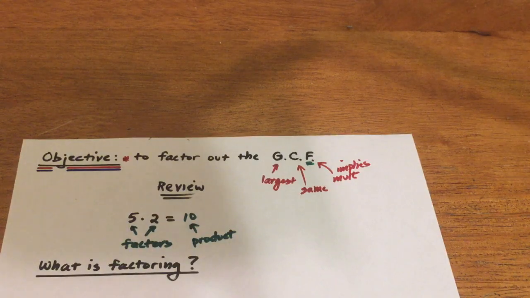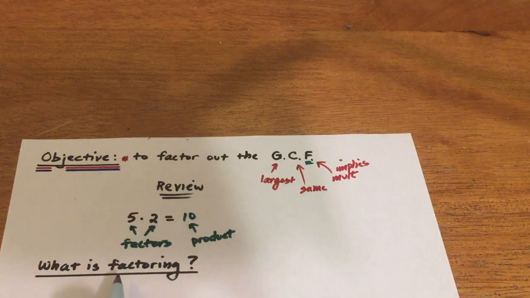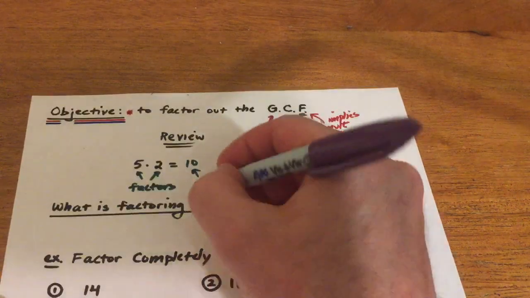Let's take a look now at the definition of factoring. There are going to be a number of different factoring techniques or patterns that we're going to study. But what is factoring? We want to make sure that we know that. Factoring is basically writing an expression as a product. Let's write that down.